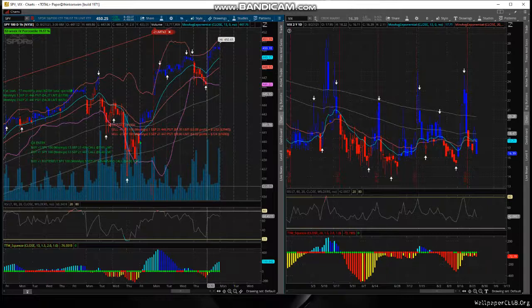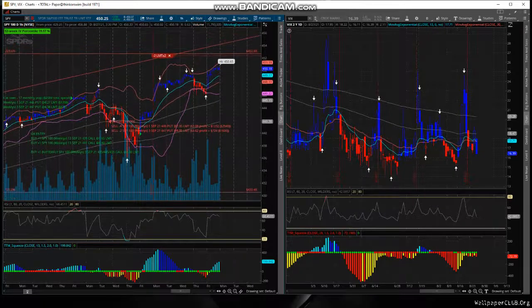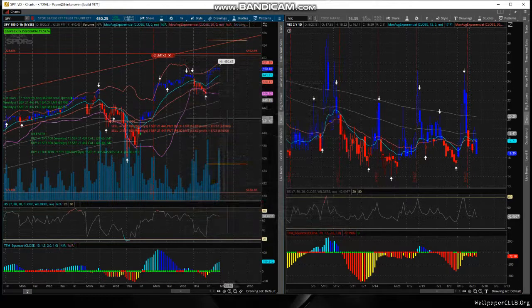If I plot this, 435, 455, so basically between these two points, hopefully right in the middle, 445.